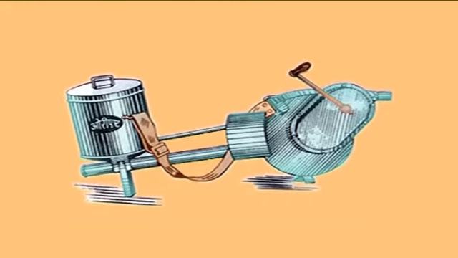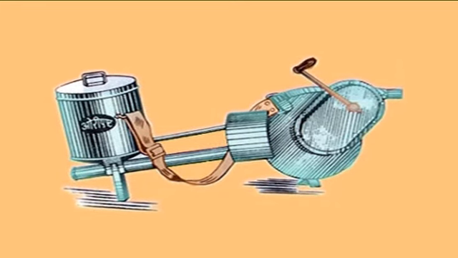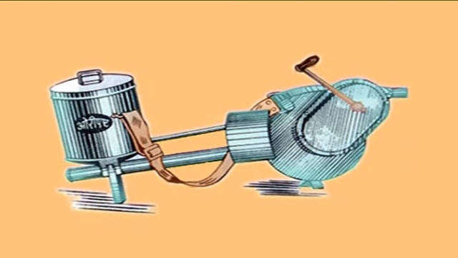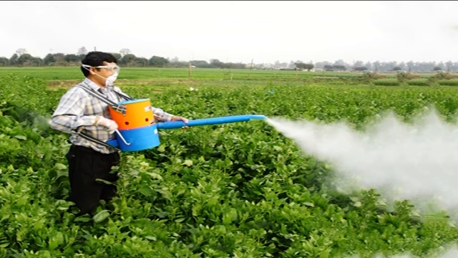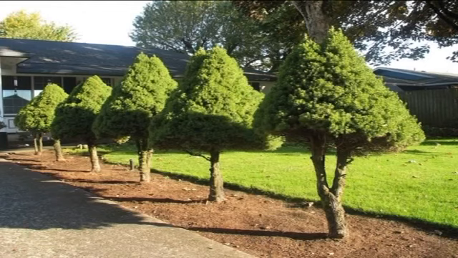The duster is operated by rotating a crank and the motion is transmitted through the gear to the blower. The air current produced by the blower draws the dust from the hopper and discharges it out through the delivery tube, which may have 1 or 2 nozzles. It is used for dusting field crops, vegetables and small trees and bushes in orchards.